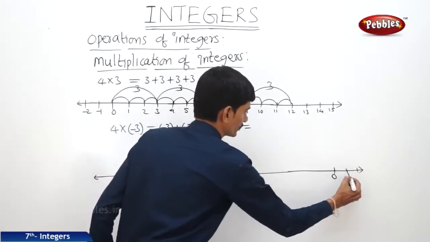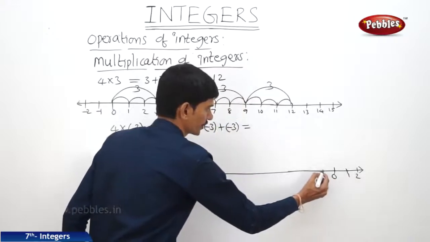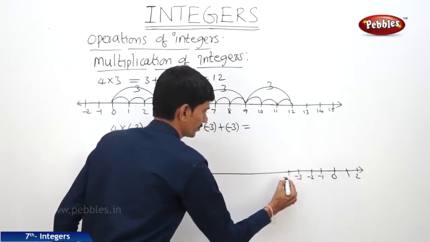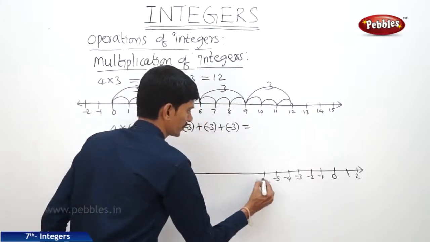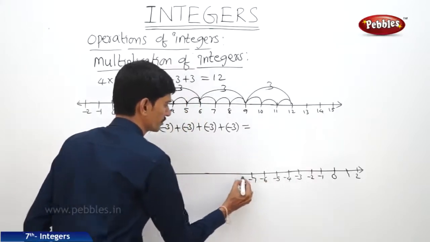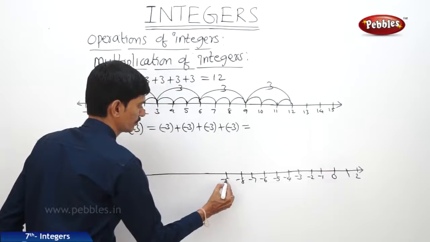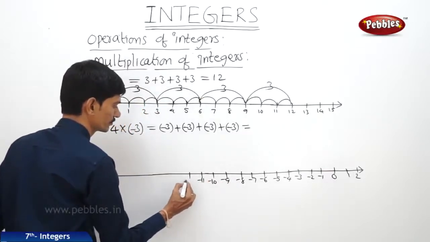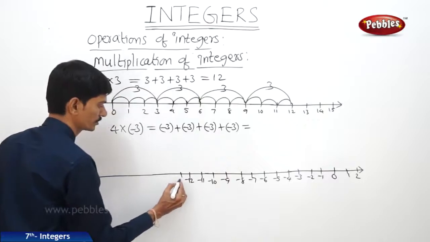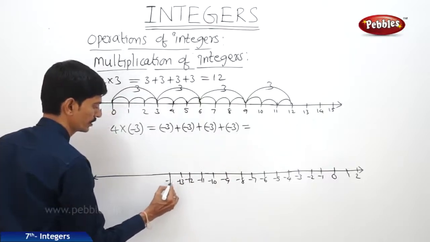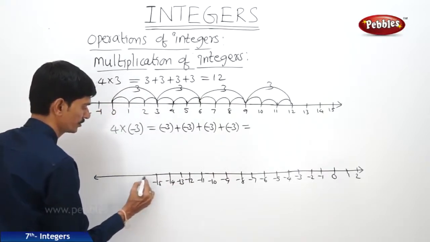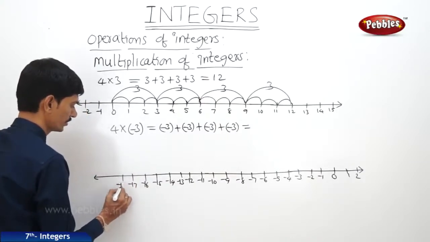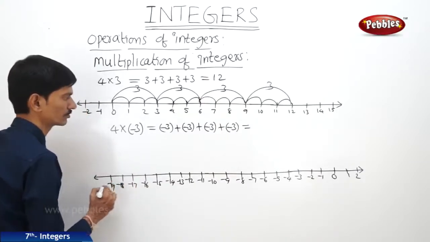Zero, 1, 2. Then we take negative integers to the left of 0. Minus 1, minus 2, minus 3, minus 4, minus 5, minus 6, minus 7, minus 8, minus 9, minus 10, minus 11, minus 12, minus 13, minus 14, minus 15, minus 16, minus 17, minus 18, minus 19 and so on.